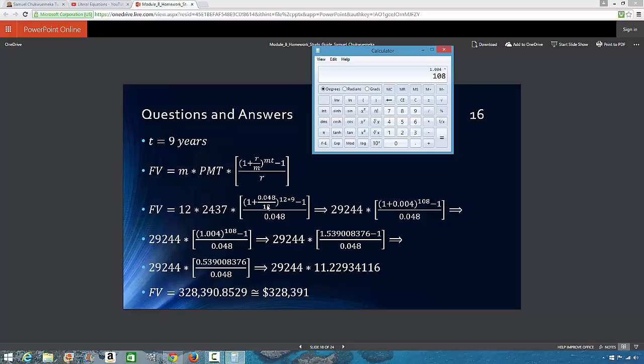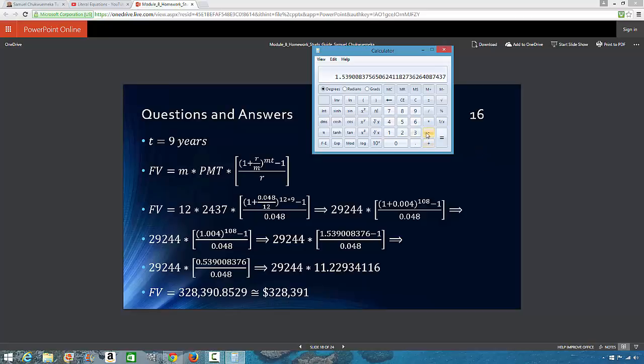That is the way it will look at it. So you just have to do 1.004 exponent 108. You have to do 12 times 9 and write it down somewhere. So you just raise this to 108 equal to, and that's this one right here. I'm putting all this in steps so you see the way it works.